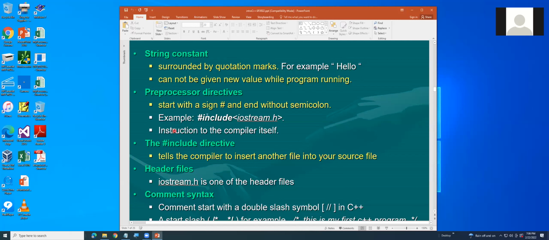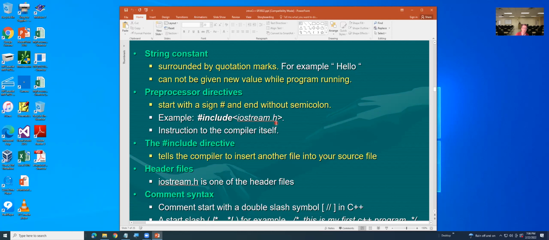Preprocessor directives start with the pound sign and end without a semicolon. For example, include iostream.h. Okay, iostream.h, that means input output. H means header.